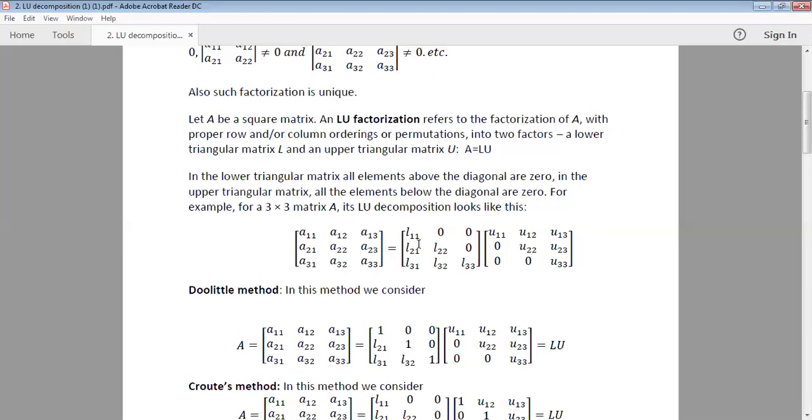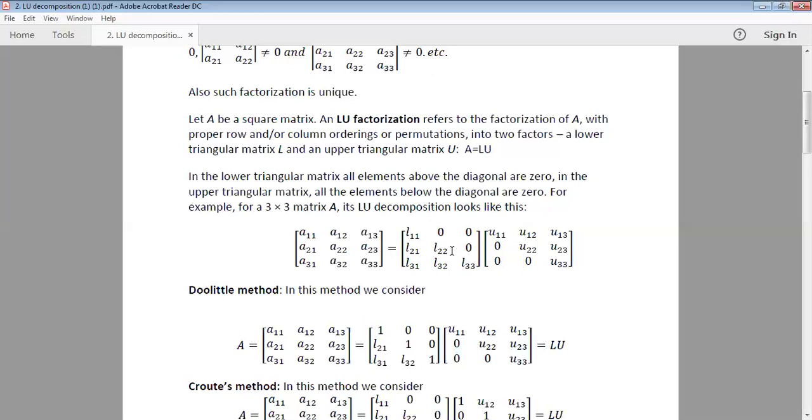This equals, first we will write the lower triangular matrix: L11, 0, 0, L21, L22, 0, L31, L32, L33, and next we write the upper triangular matrix: U11, U12, U13, 0, U22, U23, 0, 0, U33.